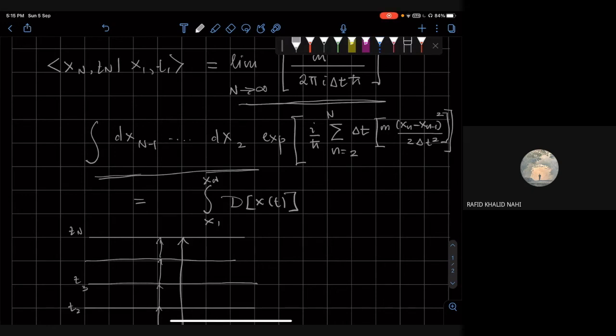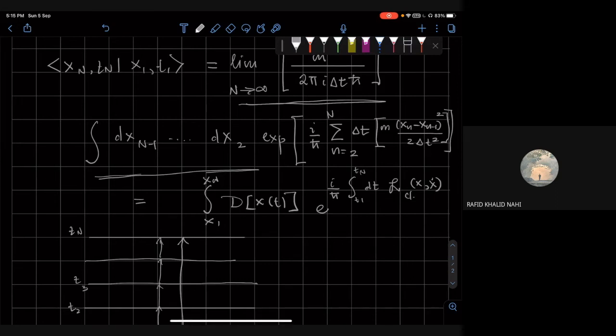And in the limit where n goes to infinity, the Riemann sum in the argument of the exponential becomes an integral from t1 up to tn of dt, and this is a classical Lagrangian, a function of x and x dot.